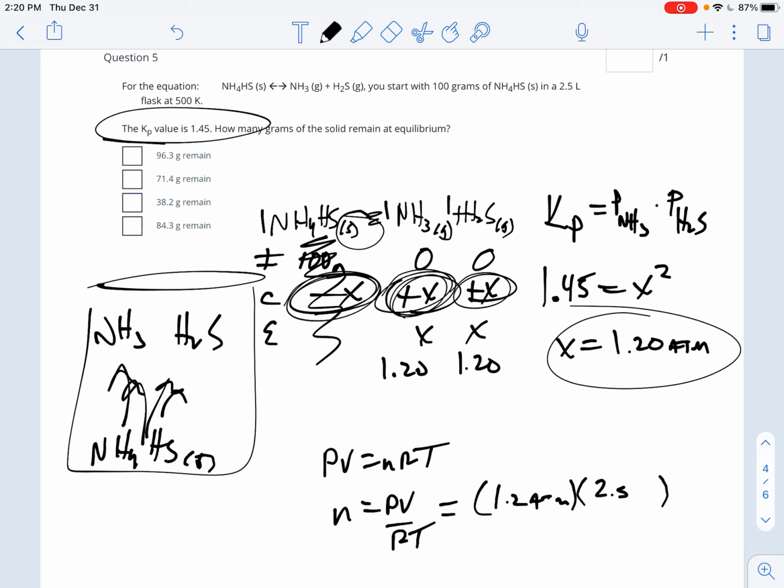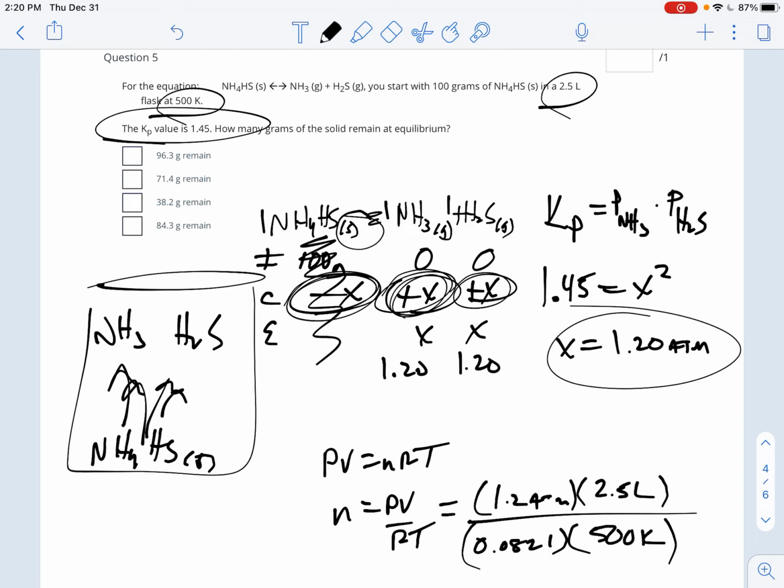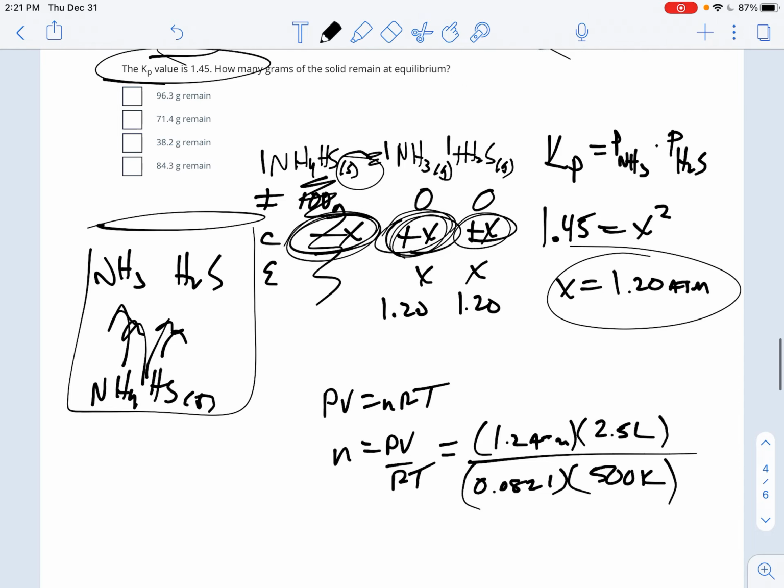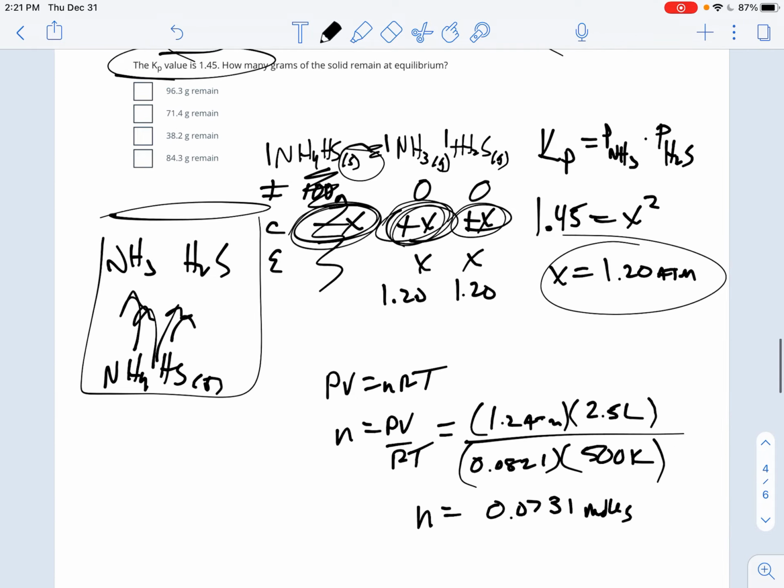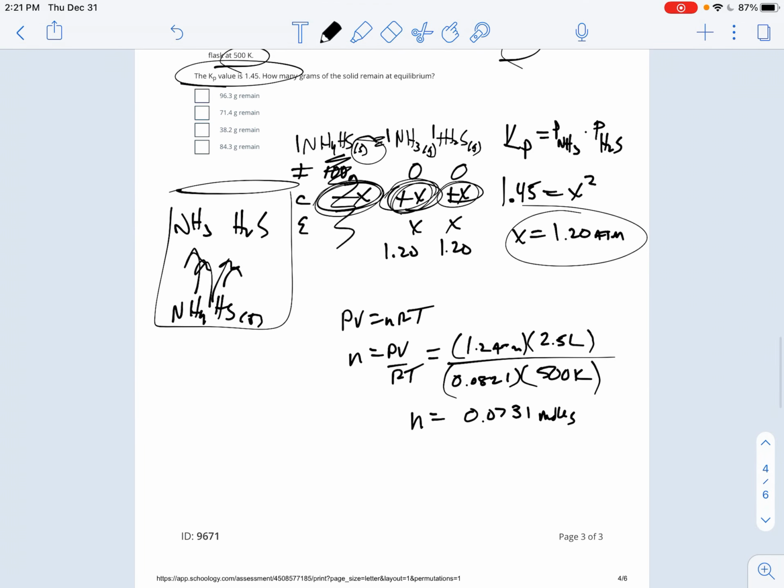And they gave me a 2.5 liter container. That's up here. And then R is 0.0821. And then the temperature they told me was 500 Kelvin. So 1.2 times 2.5 divided by 0.0821 divided by 500 gets me a number of moles here of 0.0731 moles.